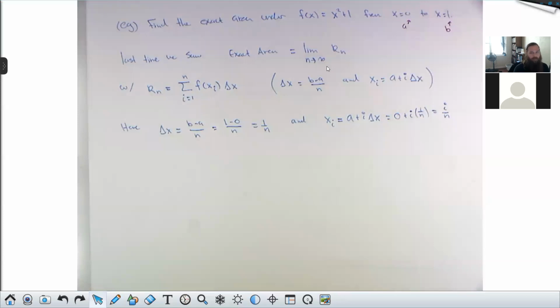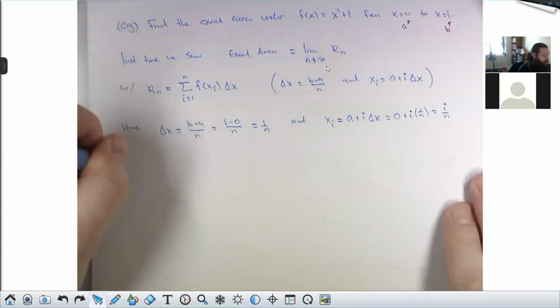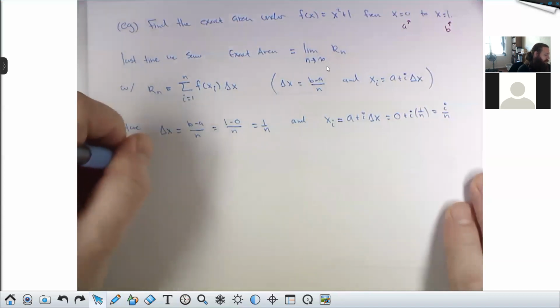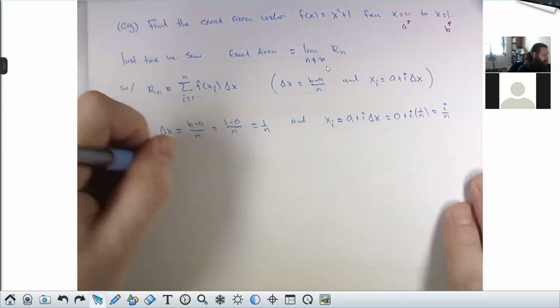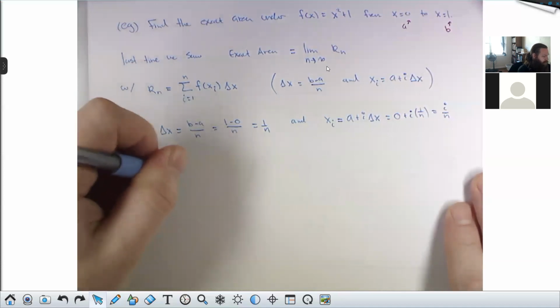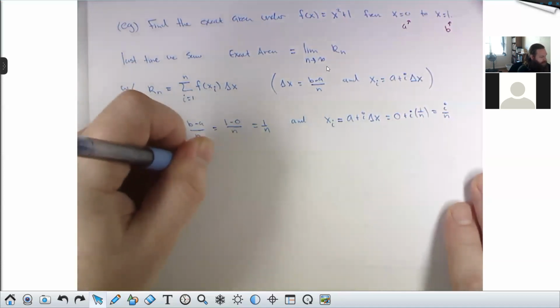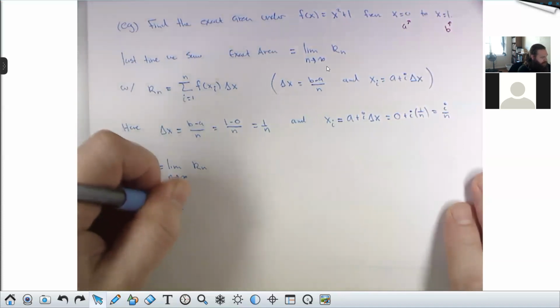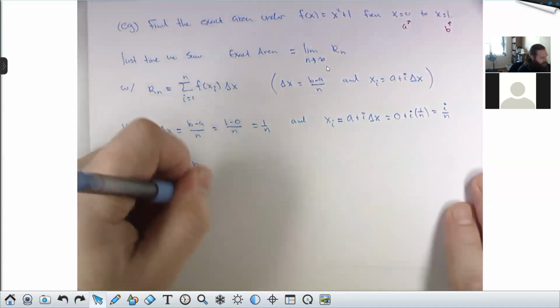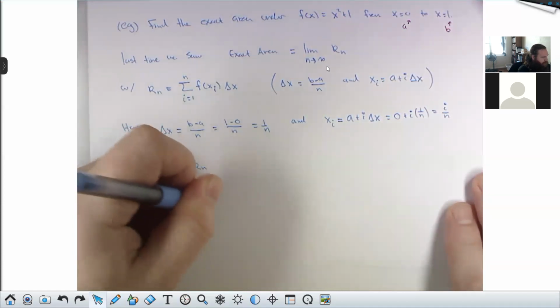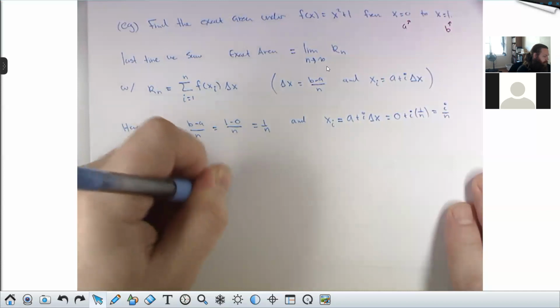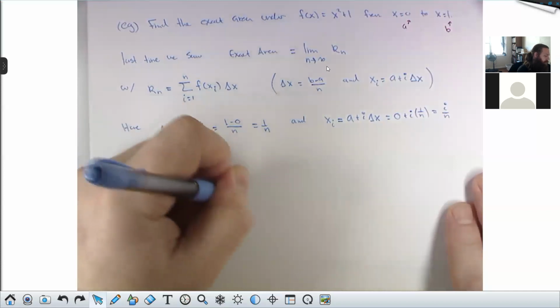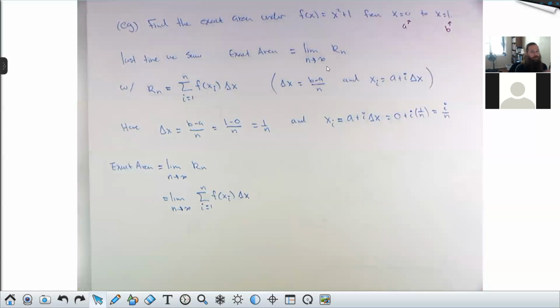So I've got my delta x, I've got my xi's, so I'm ready to set this up. The exact area is the limit as n goes to infinity of Rn, which is the limit as n goes to infinity of sigma i from 1 to n of f of xi times delta x.